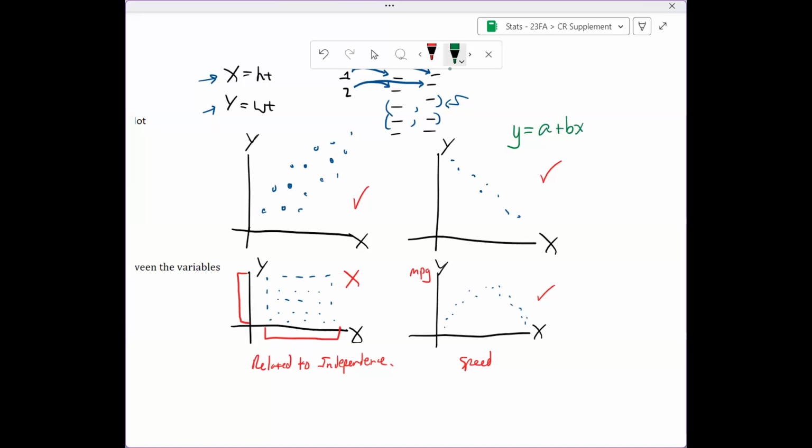I'm going to use a plus bx, really for no other reason than those are the letters almost always used in this context. So here a is the intercept and b is the slope. In the context of regression and correlation and statistics, b tends to be what we call the slope. So we have y equals a plus bx. This is a linear model.